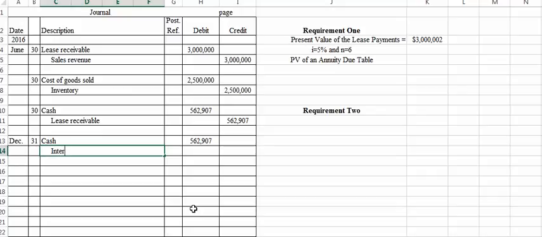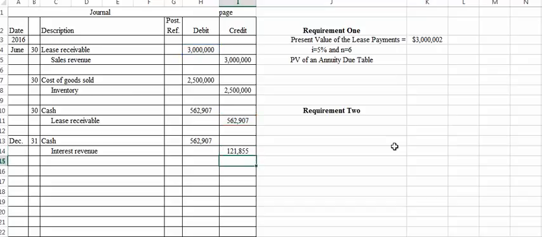They'll credit interest revenue equal to the original $3 million in the lease receivable minus the reduction in the lease receivable, also on June 30th, times the interest rate for half a year.